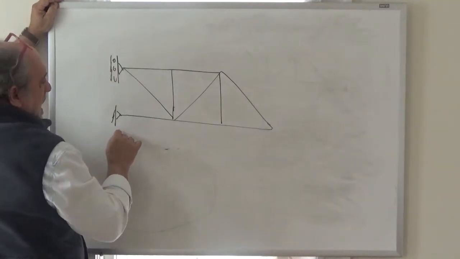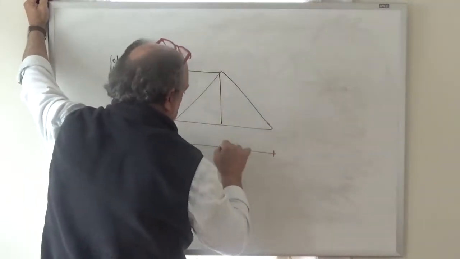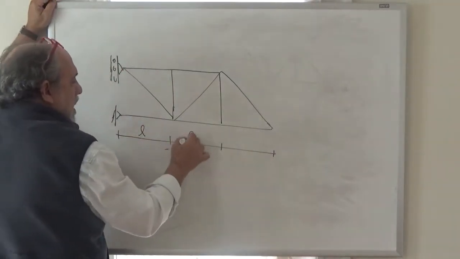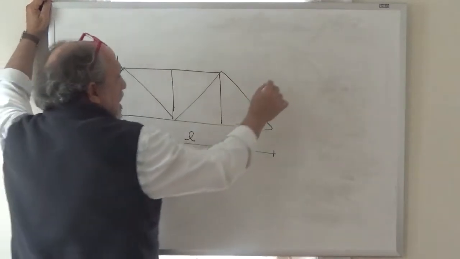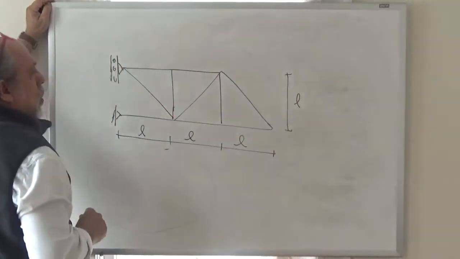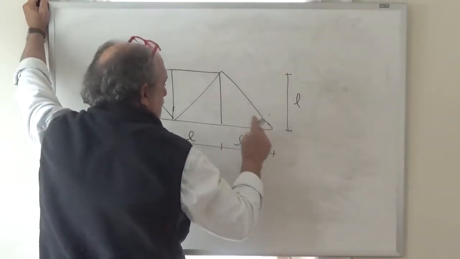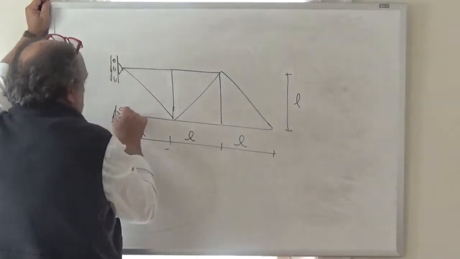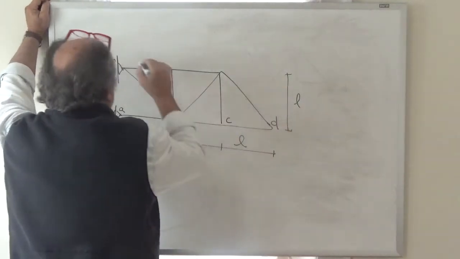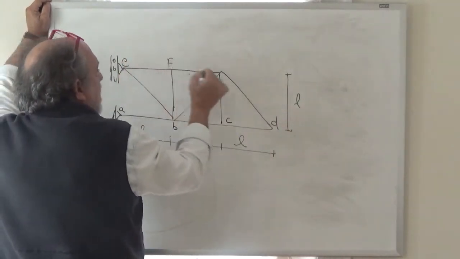Let's say that the distances from here to here to here are the same. We can call them L, L, and L. And let's say that the height is also L. We are going to label this A, B, C, D, E, F, G.